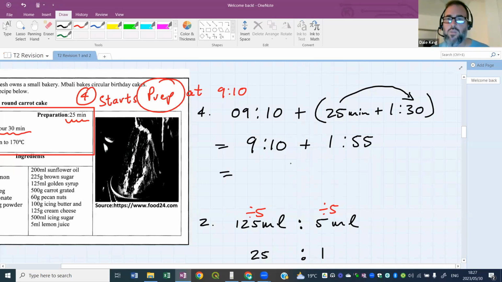When I add 10 to the 55, very similar to what Emmanuel did, 10 and 55 is 65. Now 60 minutes makes an hour. So I'm going to pull that 60 out and put it somewhere. The 9 and the 1 makes 10 hours, but I need another 1 from my 60. So that's going to be 11. And then it's going to be 11:05. That's another way of doing it.